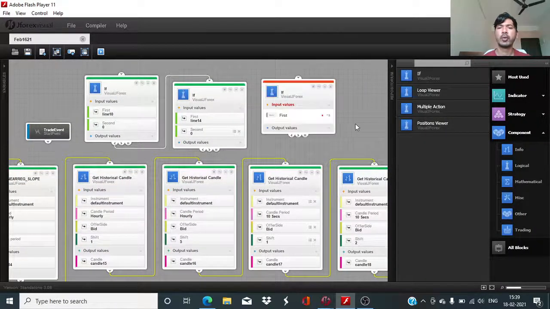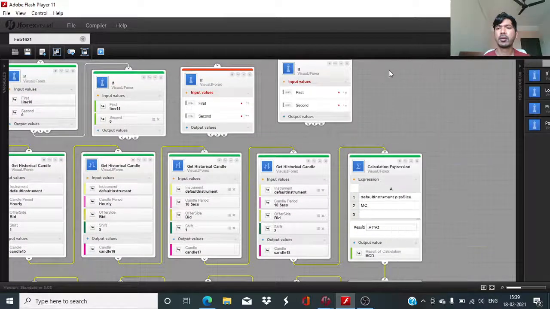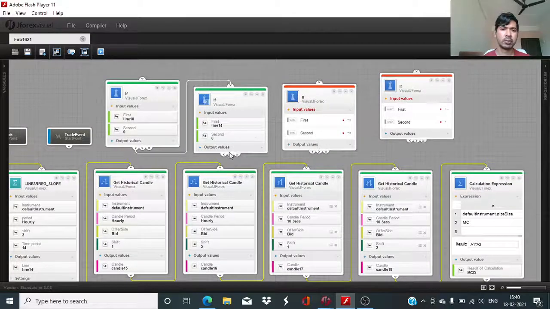We need a couple of if blocks more. First input greater than second input.